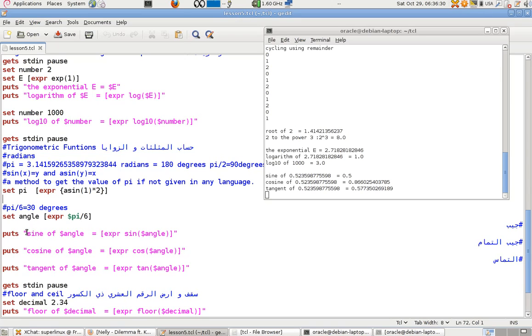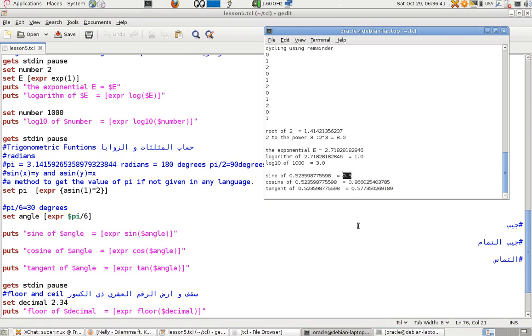Now the sine of this angle, the 30 degrees, must be half. Now the cosine must be radical 3 over 2. If you calculate it, it will give you this one, and the tangent will be the sine divided by the cosine, so it will be this one.